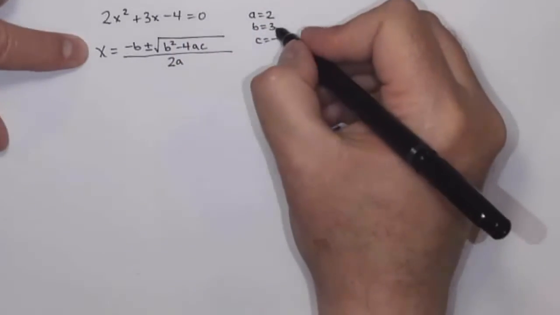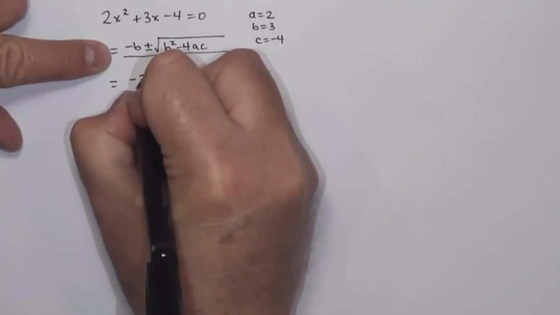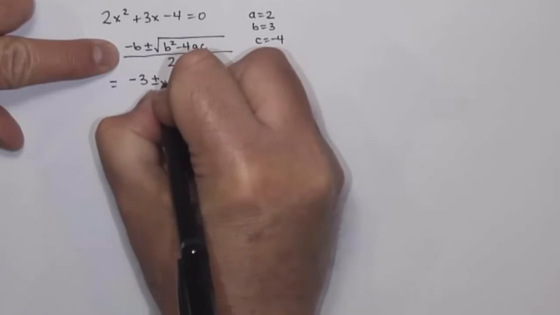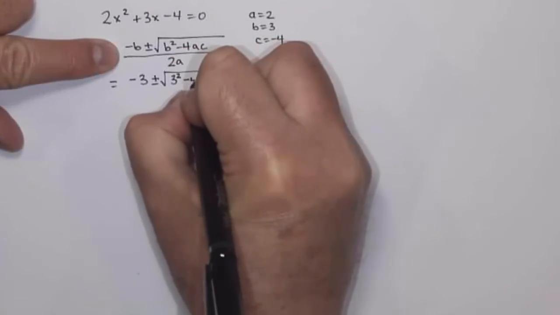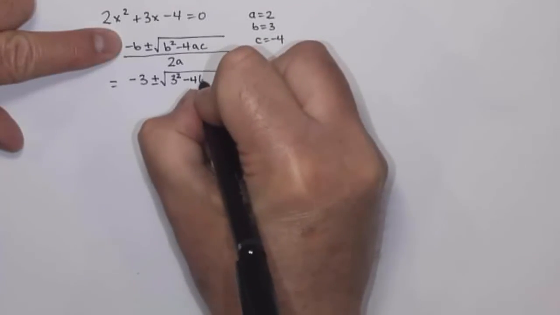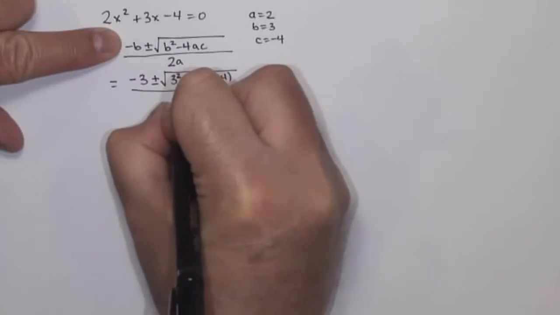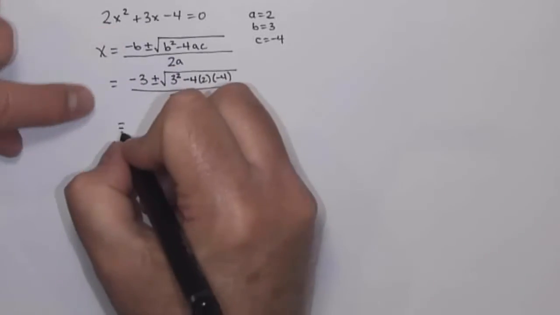Again, I know a, b, and c, so I'm just going to substitute those in. So negative b, so that's negative 3, plus or minus the square root of 3 squared minus 4 times a, which is 2, times c, which is negative 4, all over 2 times a, which is 2.